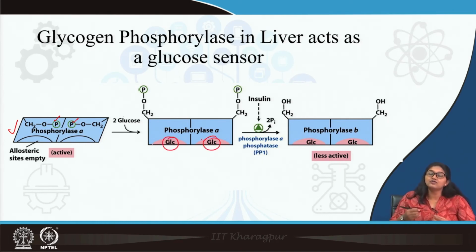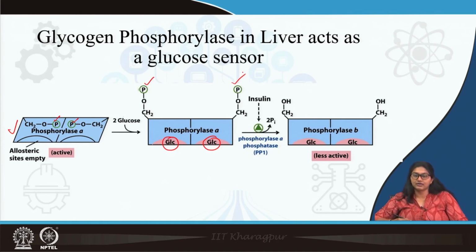this glucose induces a conformational change which exposes these phosphorylated residues. They are exposed to whom?